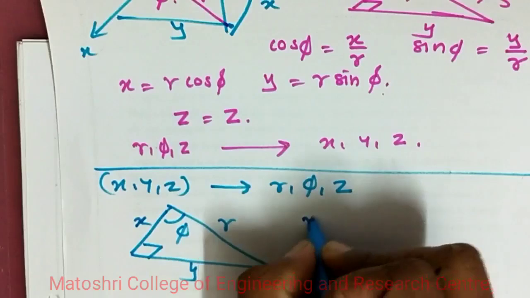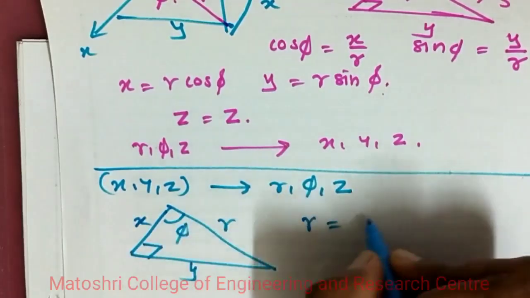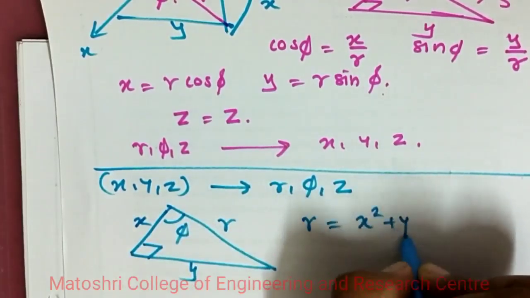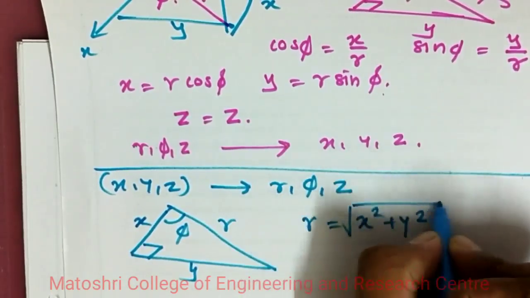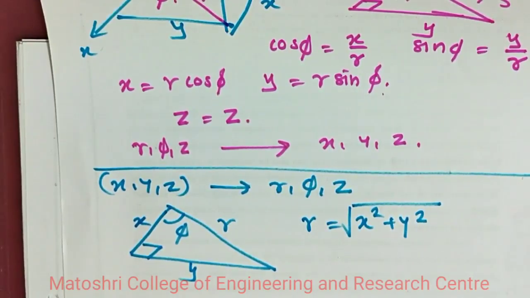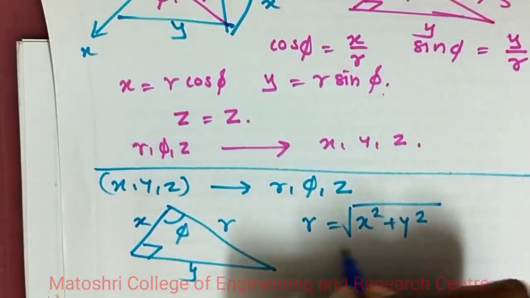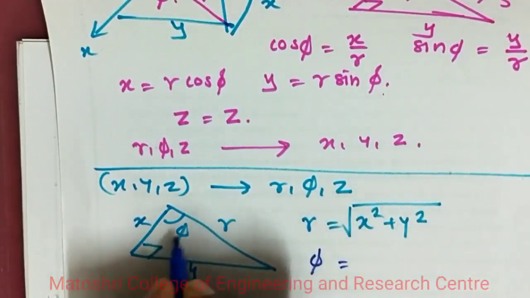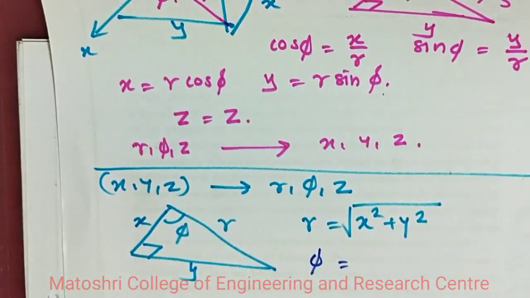Now to obtain r: the hypotenuse squared is the first side squared plus the second side squared. That's why the hypotenuse, that is the radius r, is the square root of x squared plus y squared. So you are able to obtain the radius of the cylinder. Once the radius is known, next we need to find phi. From this figure, we can express cos phi, sin phi or tan phi.